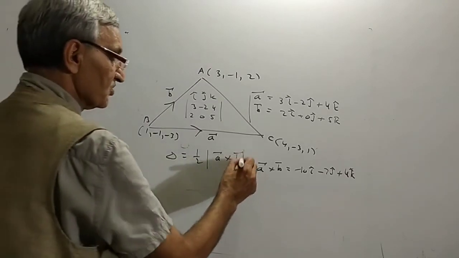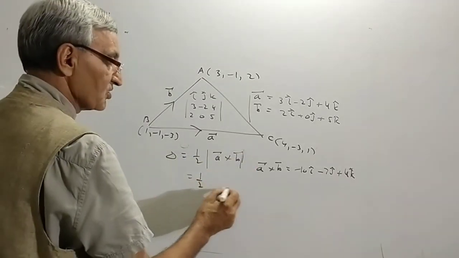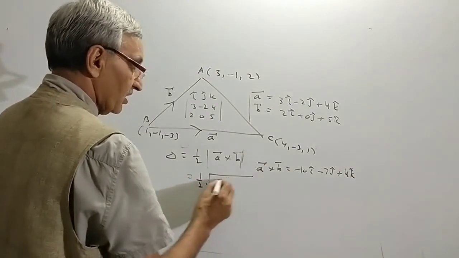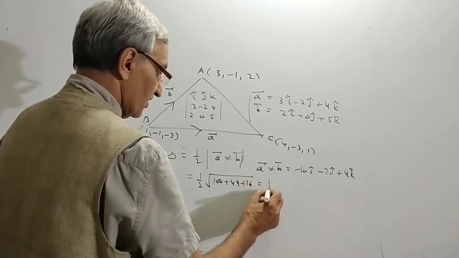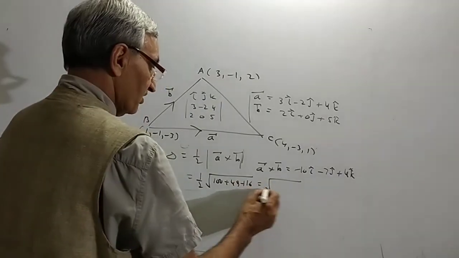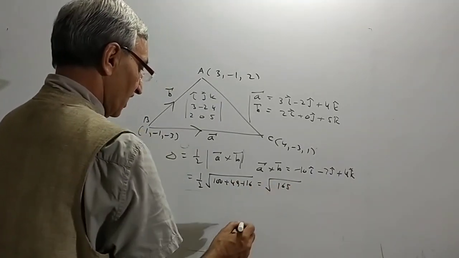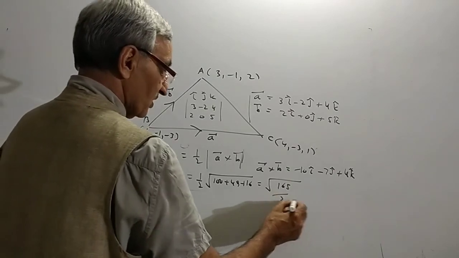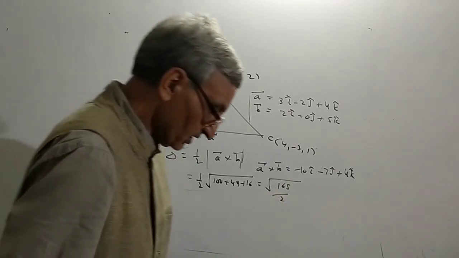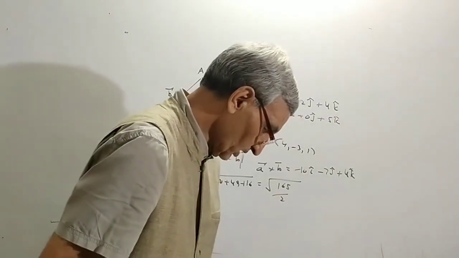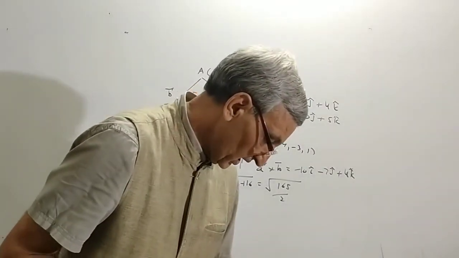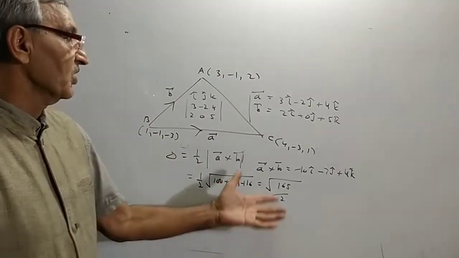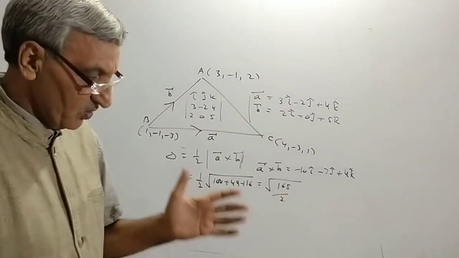What is the magnitude of this? Under root 100 plus 49 plus 16 is equal to under root 165, divided by 2. If I look at the answer in the book, root 165 by 2 is the answer here. So we got the answer. This is how to find it.